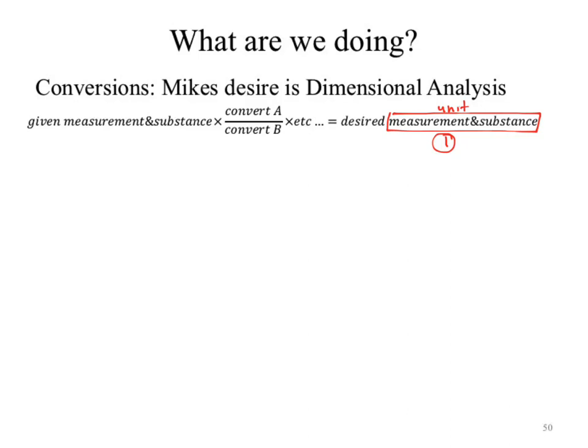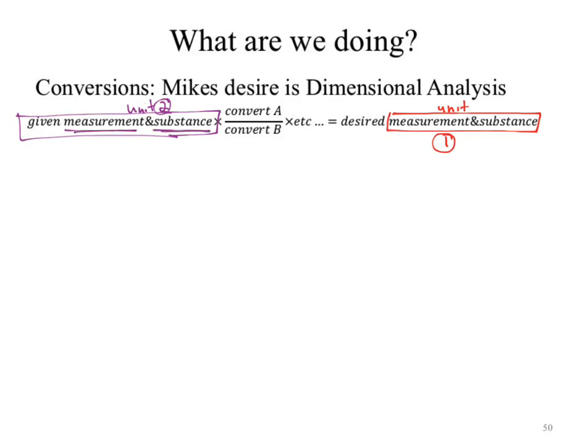I can recognize that when I go back to step 2, looking at the given measurement and substance, what I can do is break that unit down into component pieces. I can recognize that there is a measurement and a substance.